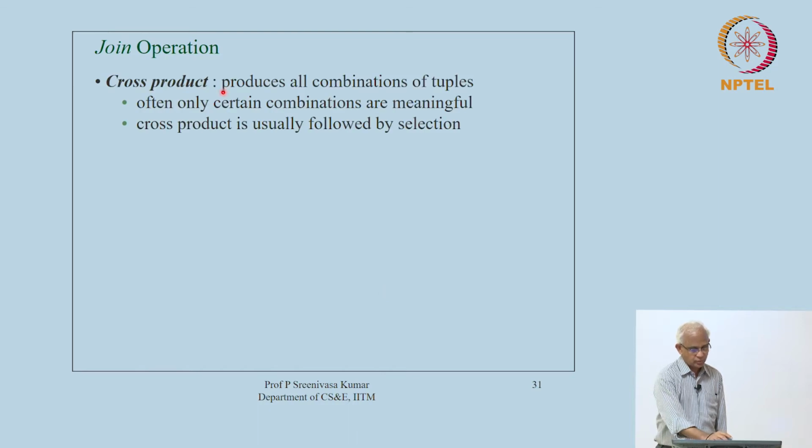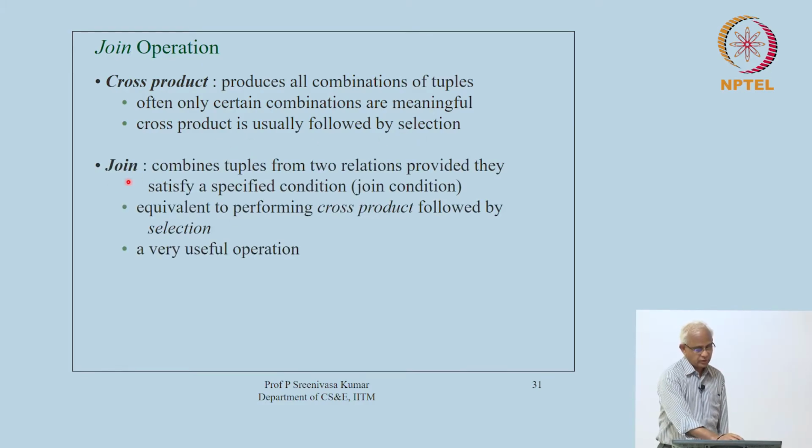So, since cross product produces all combinations of tuples and since only certain combinations are meaningful, we will have to follow it with a selection, and so we now introduce a new operator called join. What it does is combine tuples from two relations, combine meaning concatenate in this case: take one tuple from here, take another tuple and concatenate the tuples, provided they satisfy a specified condition, called the join condition.